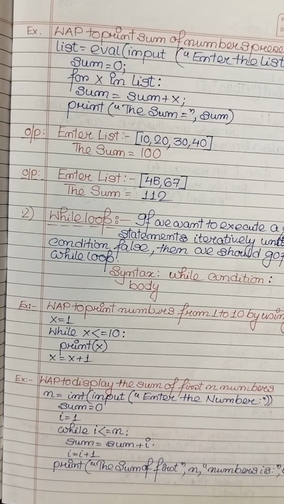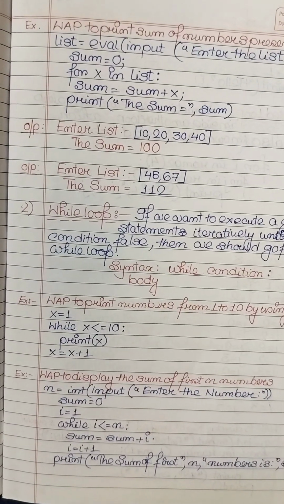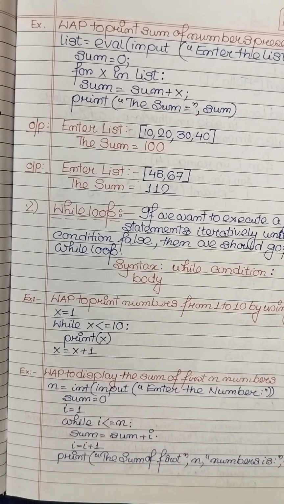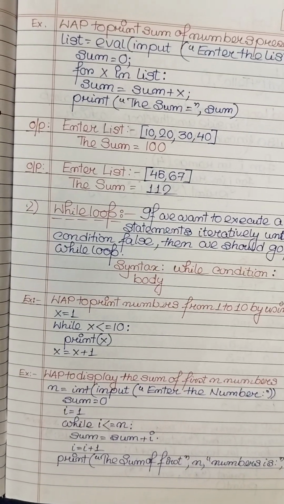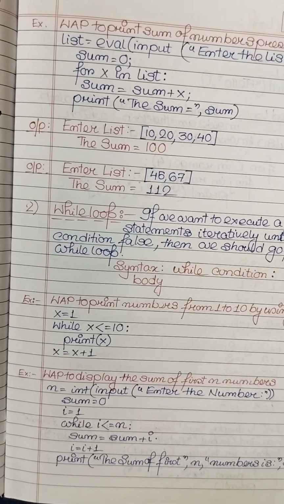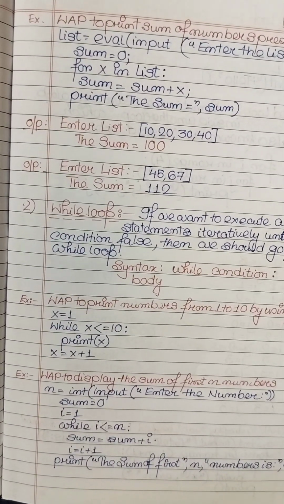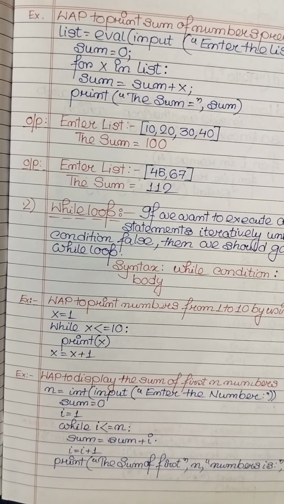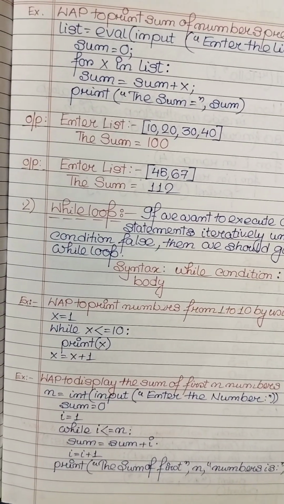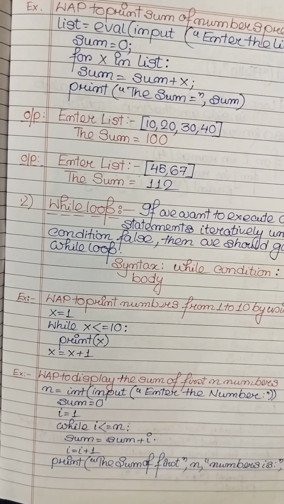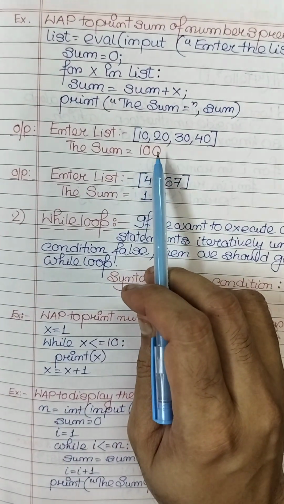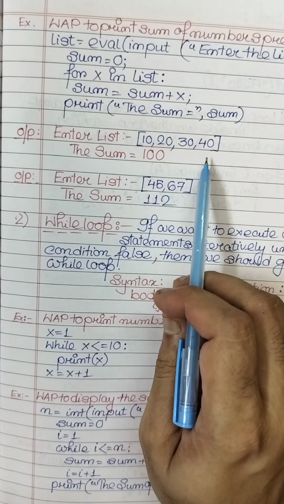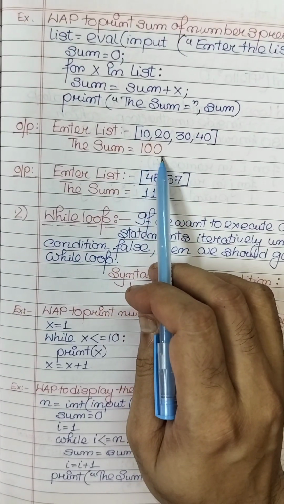For x in list, sum is equal to sum plus x. That means the numbers present in the list will be summed. Suppose the list is 10 20 30 40, the sum is 100.